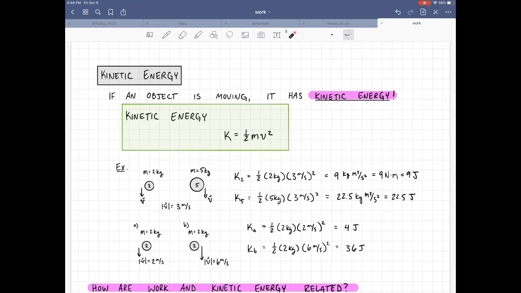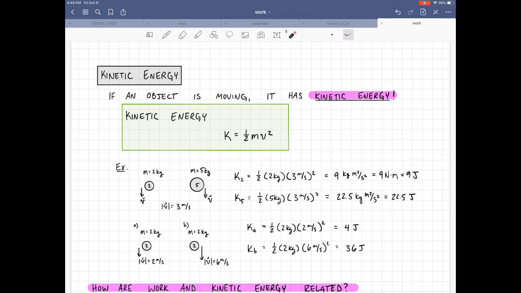All right, so if work is done on an object, then the object speeds up or slows down, and that is a nice segue into the first type of energy that we're going to talk about, and that is kinetic energy. And kinetic energy is energy associated with motion. So if an object is moving, it has kinetic energy, and kinetic energy is defined as 1/2 mv squared. So 1/2 times the mass of your object times the speed of your object squared.